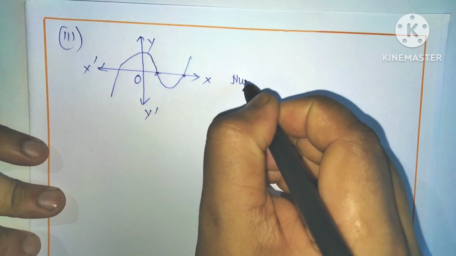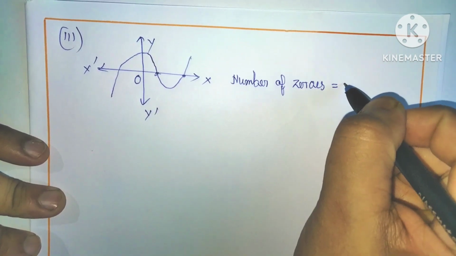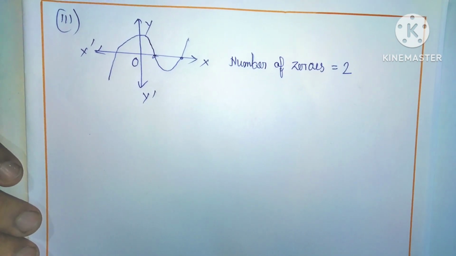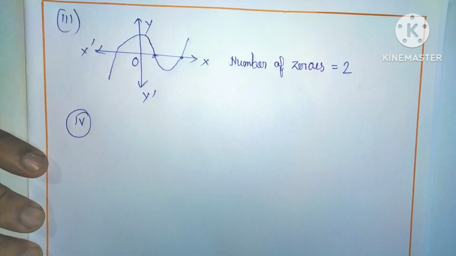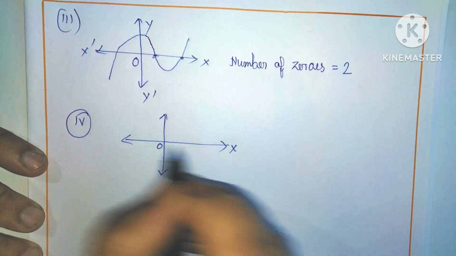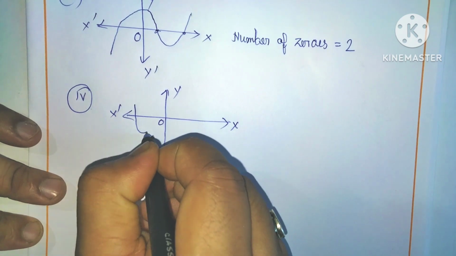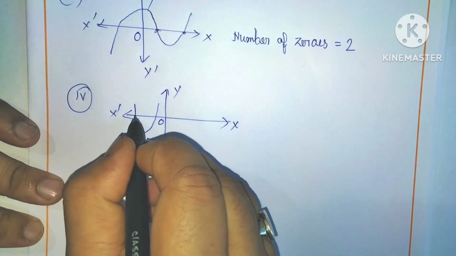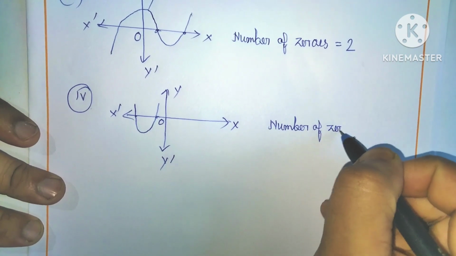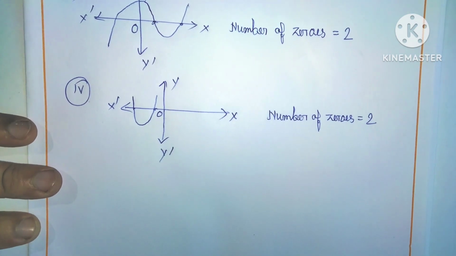So the number of zeros is equal to 2. Again, next, number 4. This graph also cuts the x-axis at 2 points. So the number of zeros is also 2.